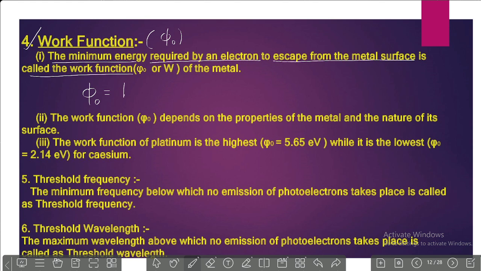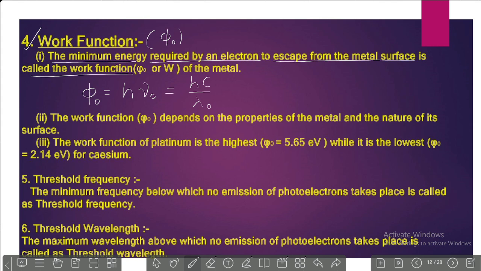So phi naught is h into nu naught. Nu naught is the threshold frequency, and its definition we will also discuss. That can also be written as hc by lambda naught. Work function is the minimum energy required by an electron to escape from the metal surface. Phi naught is h nu naught.